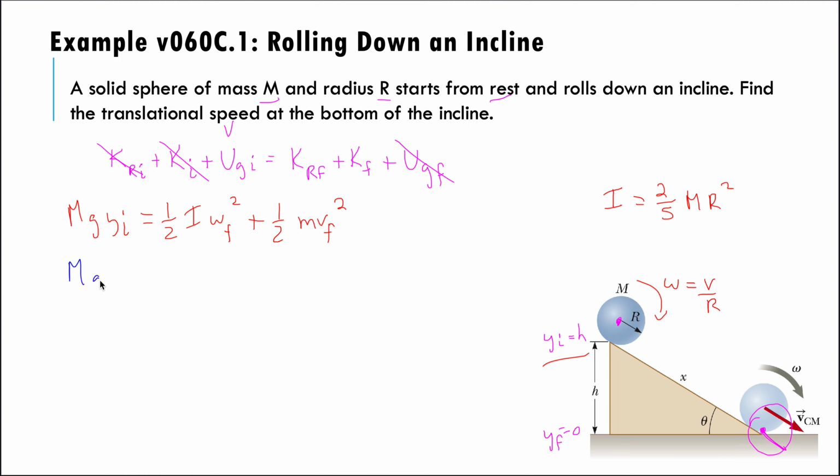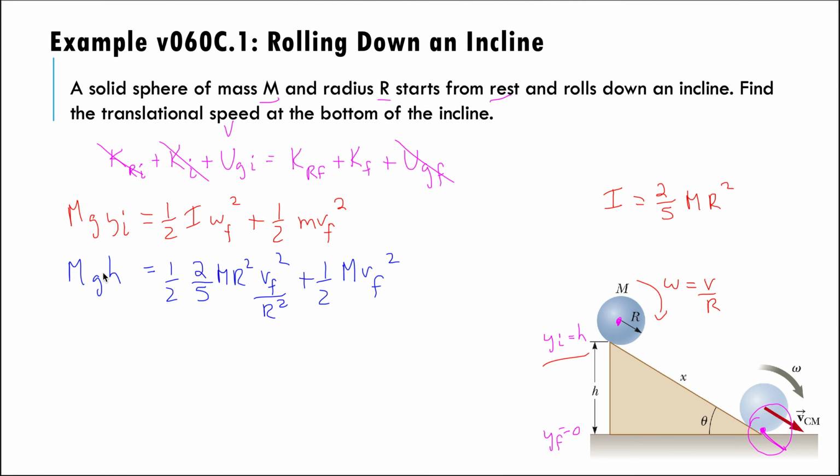We have mgh equals 1/2 times 2/5 mr squared times Vf squared over r squared, that's r omega squared, plus 1/2 m, let's use capital M for the mass here, Vf squared.